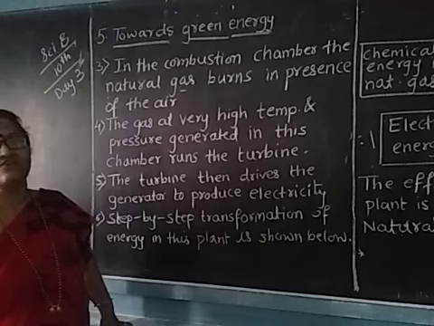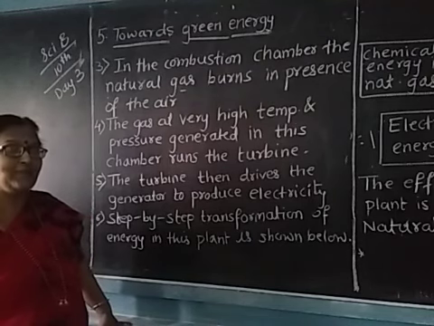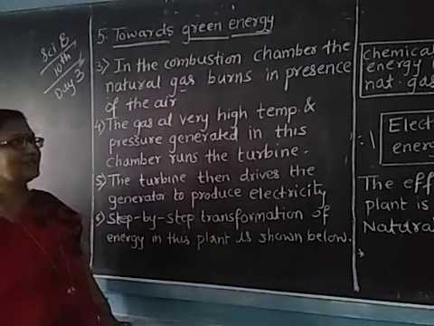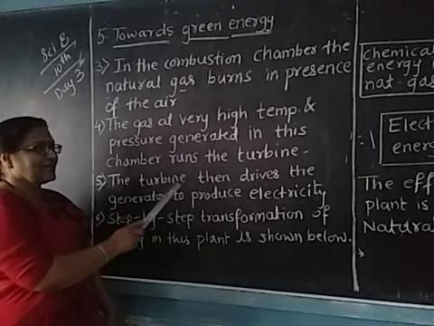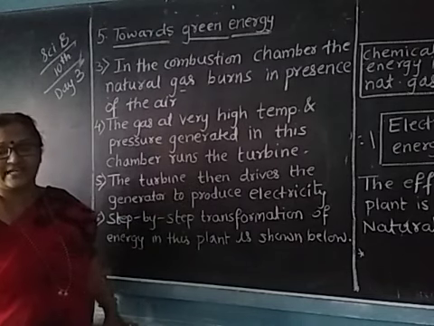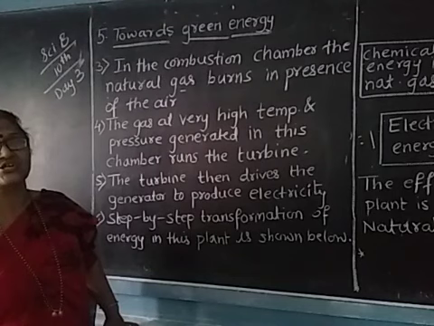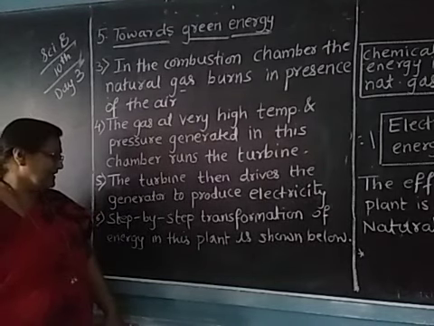The gas created at a very high temperature and high pressure is used to run the turbines. The turbine then drives the generator to produce electricity. The turbine is connected to a generator and this generator produces the electricity.